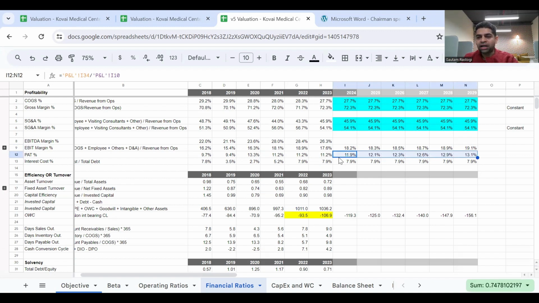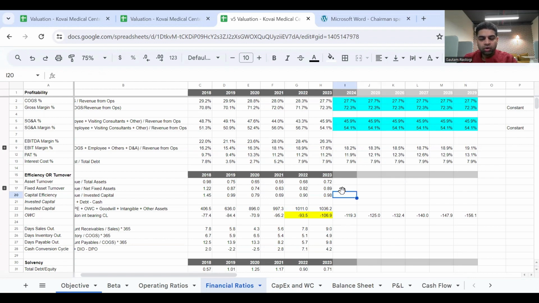Interestingly, if they pay down their debt with the cash that they have, which we'll do in the next module, the PAT will increase further because the interest component would significantly reduce from the P&L. That's why you should see higher net profit margins if we do that in the next module.